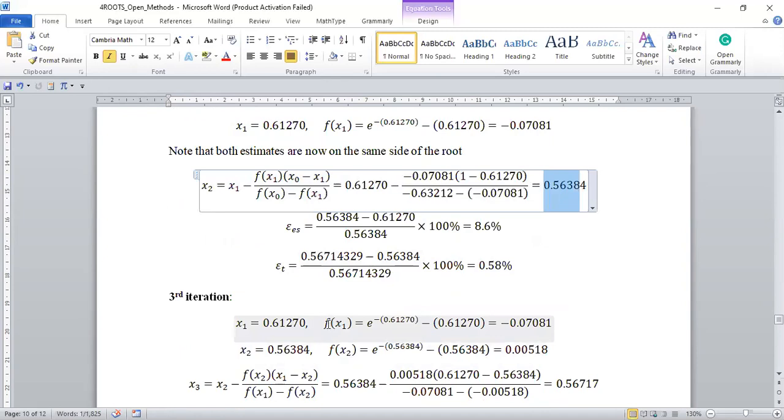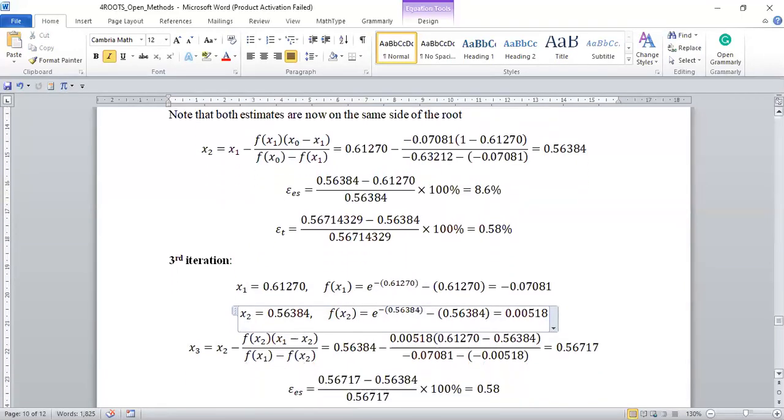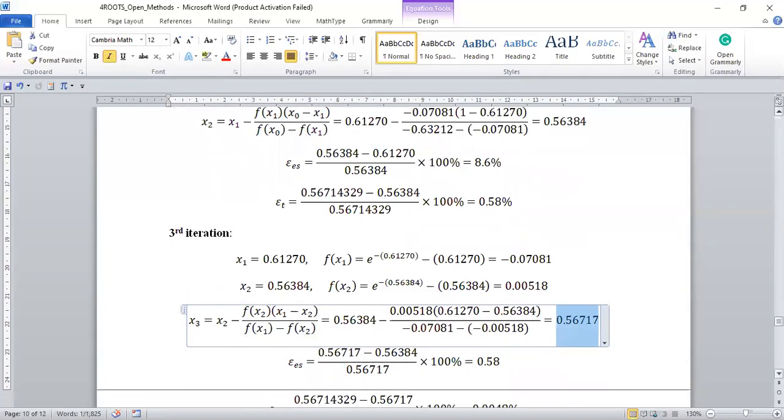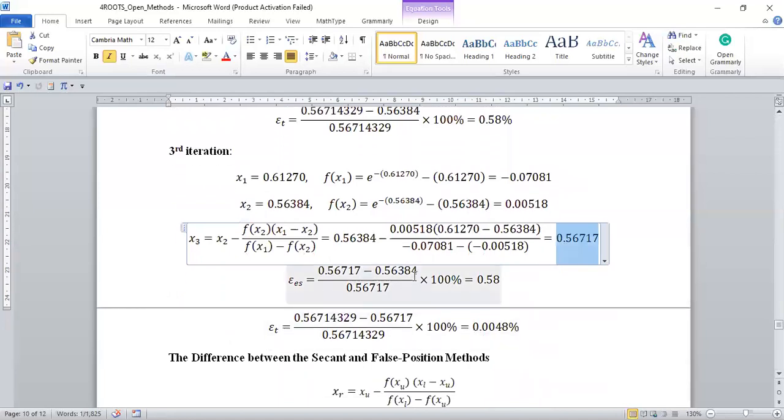So you evaluate the function at x1, you evaluate the function at x2. We got this and this. Then we substitute into the secant formula to arrive at this x3. Then we keep track of the error. This is the estimated error and this is the true error.